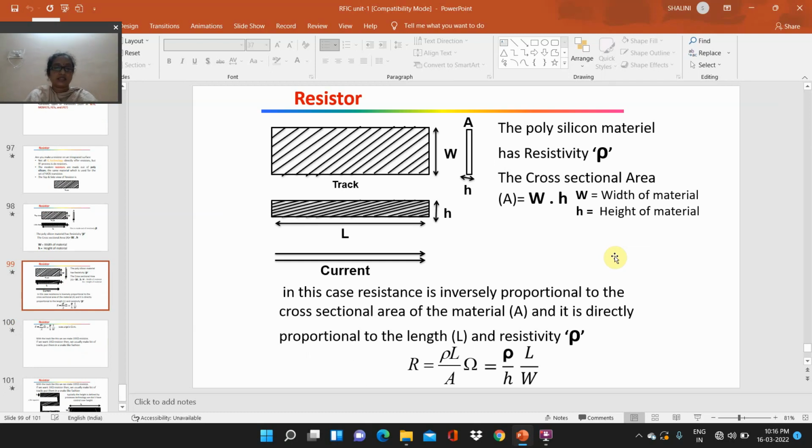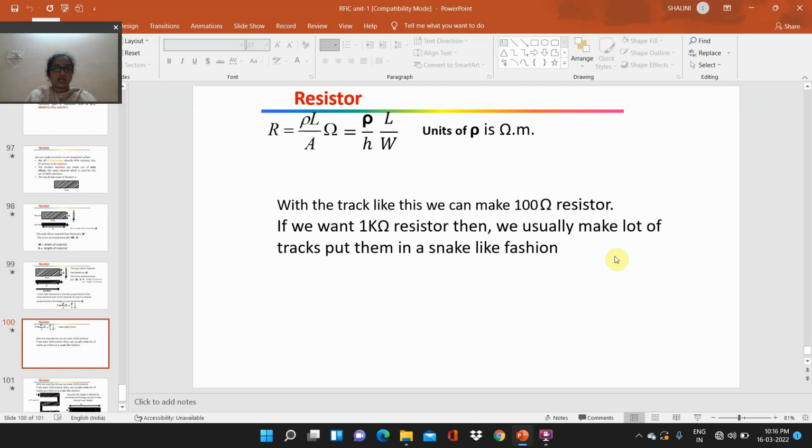In this case, resistance is inversely proportional to the cross-sectional area of the material and directly proportional to the length and resistivity rho. That's why it is given as R is equal to rho L by A, where in the A space we write H into width. Here the unit of rho is ohm meter.